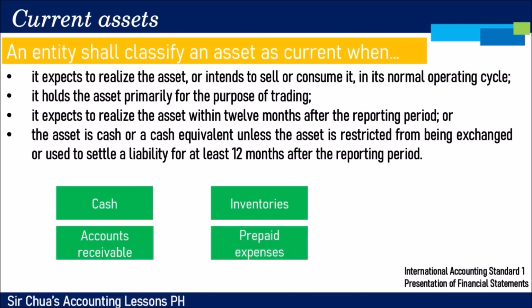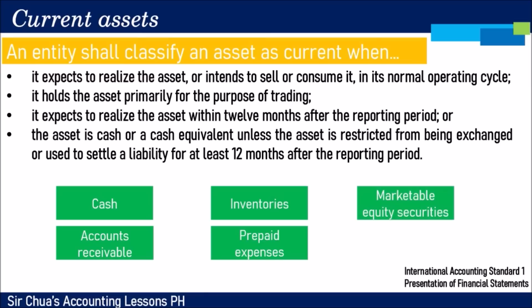Pero depende sa prepaid expenses ha, kasi may prepaid expenses na longer than 1 year. So, depende sa classification. So yung first 12 months niya current, tapos yung more than 1 year pa non-current yon, as with the case of insurance. So hindi siya laging current asset. I-check nyo pa rin kung beyond 12 months baka kailangang i-reclassify as non-current.